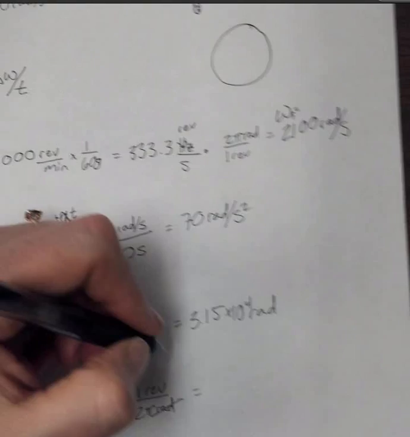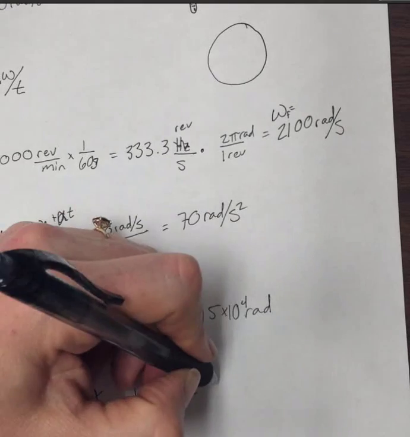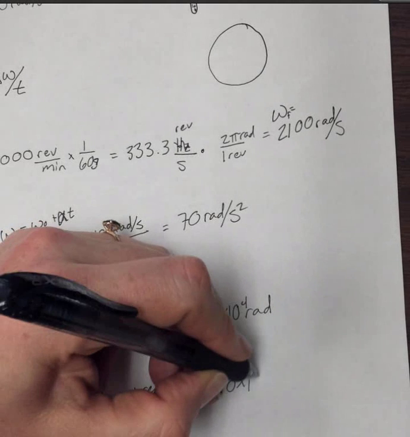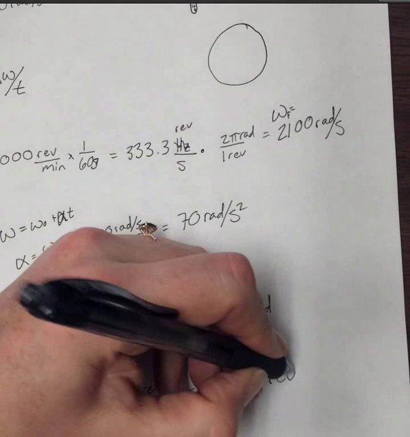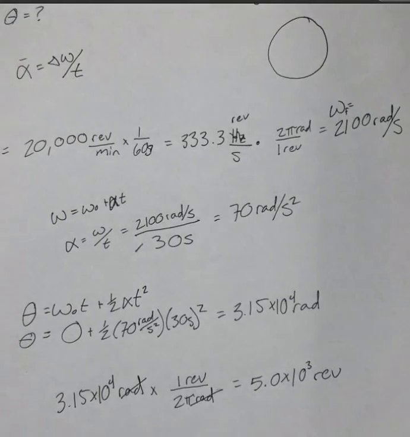So that gives us 5 times 10 to the 3rd revolutions, or in that time it revolves around 5,000 times in the 30 seconds that it accelerates.